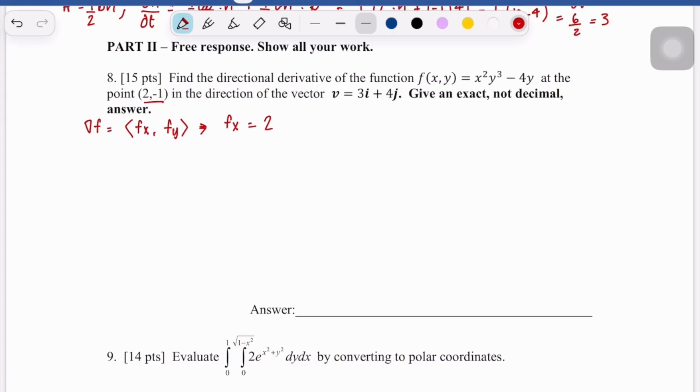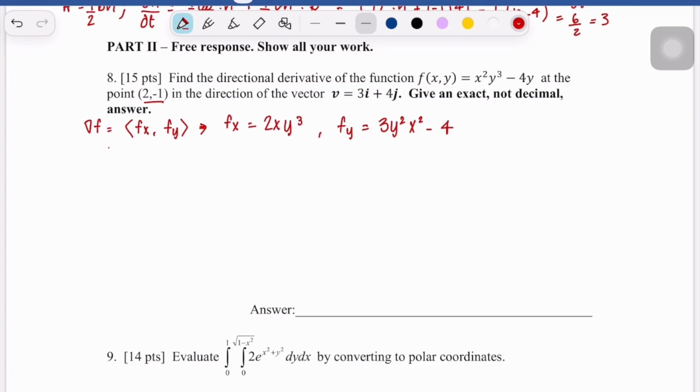That's going to be 2x times y cubed, and since there's no x term here, that's just going to be minus 0, which is just 0. And then we take the derivative with respect to y. That's going to be 3y squared times x squared minus 4.